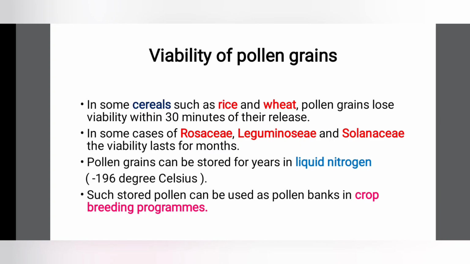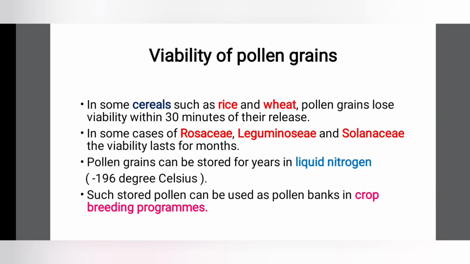Actually, nitrogen is a gas. When it is compressed under high pressure, it becomes liquid. So, in this liquid nitrogen, pollen grains can be stored for years at a very low temperature, minus 196 degrees Celsius. Such stored pollen can be used as pollen banks in crop breeding programs. You might have come across crop breeding programs.